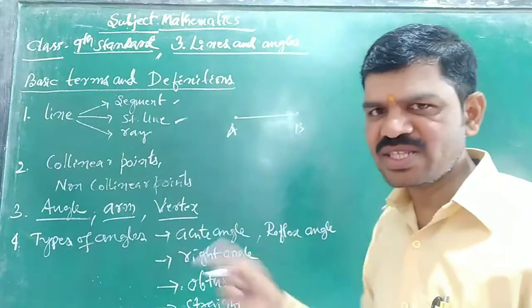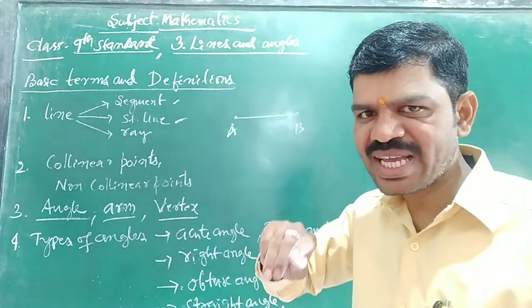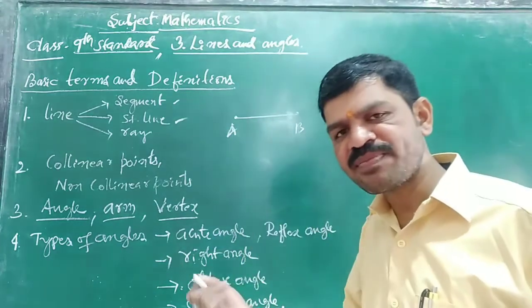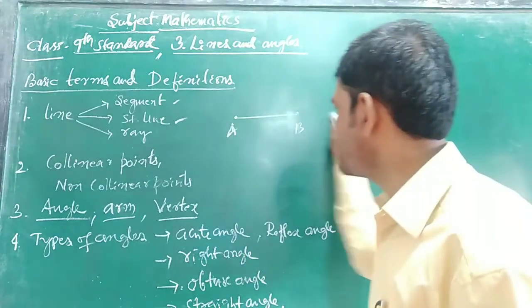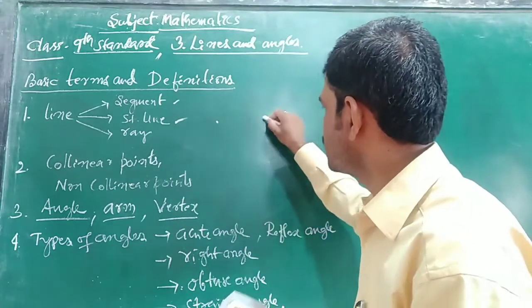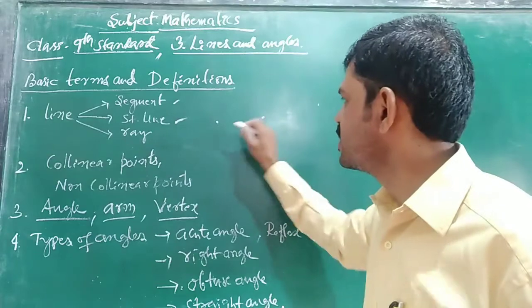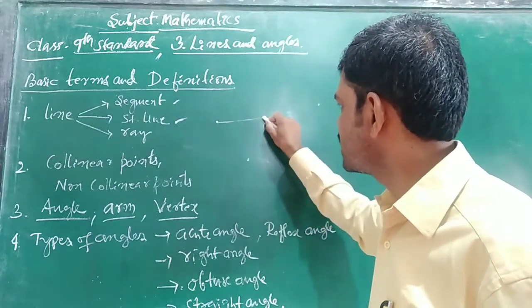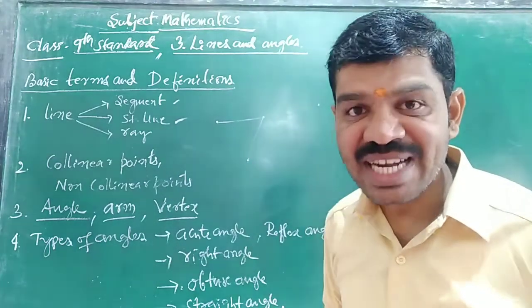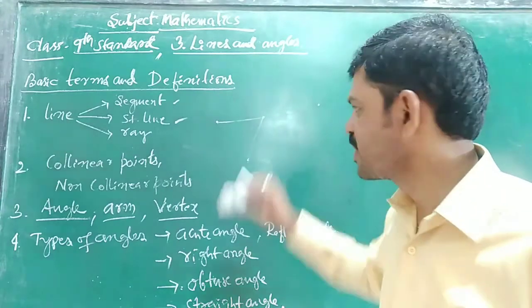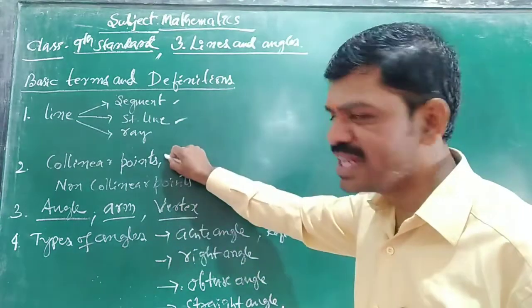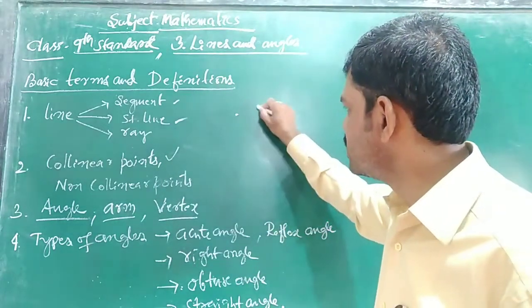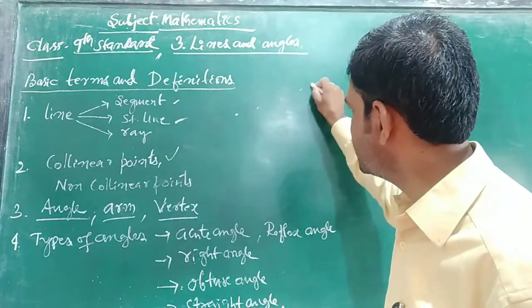It will always be so. If we start drawing a line from one point to another point, it will be a straight line. If there are 3 points, 1, 2, 3, then we cannot always make a straight line. Okay, so collinear points means there are some points.